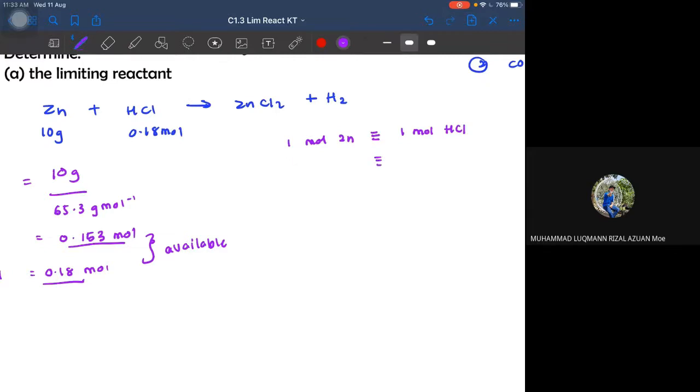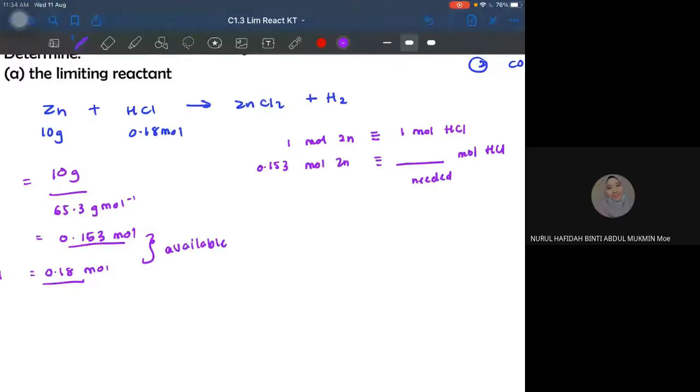Okay, so zinc kita ada tadi, kita kira 0.153 mole of zinc. So means you need berapa mole of HCl?